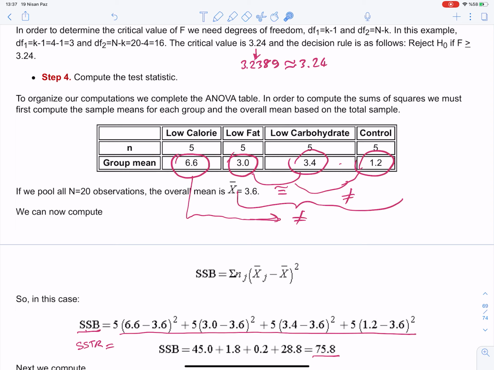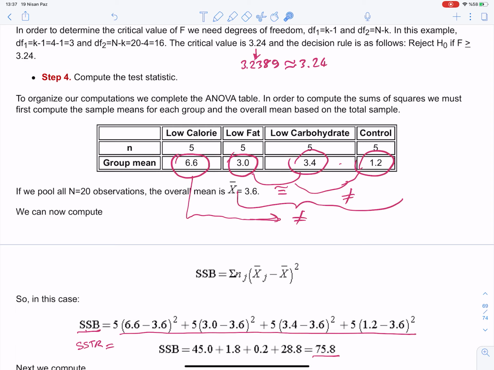And in the control group, those people are prescribed a diet which does not have an effect on losing weight, but they still lost 1.2 units in 8 weeks. This could be by chance, or we don't know.